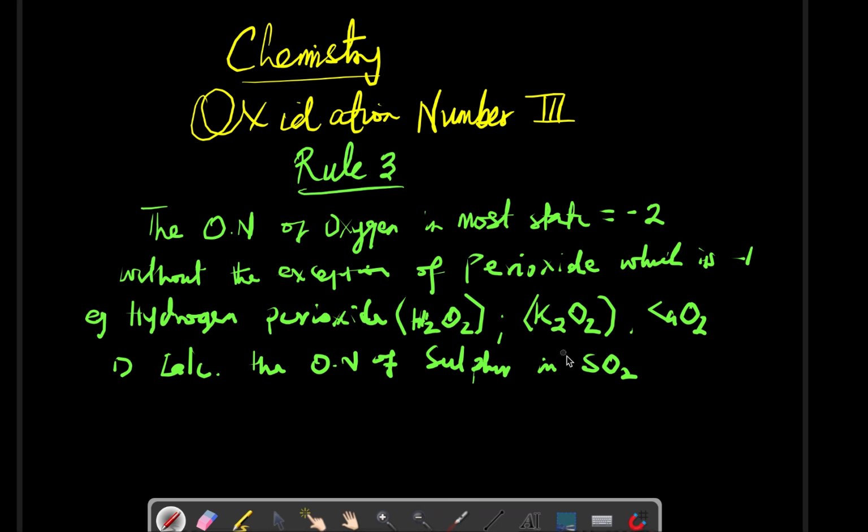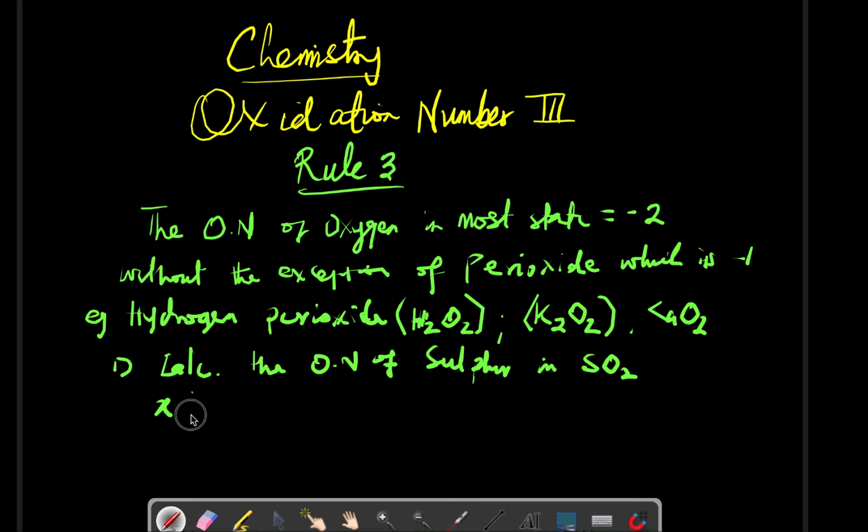And anytime we want to calculate the oxidation number of anything, especially sulfur, you make the element you are finding your x. So in this case our sulfur is x. If for example it is oxygen we are finding, we make the oxygen x, but now it is sulfur, so we make sulfur x, because we are finding the oxidation state of sulfur in this particular compound. So we make it x.